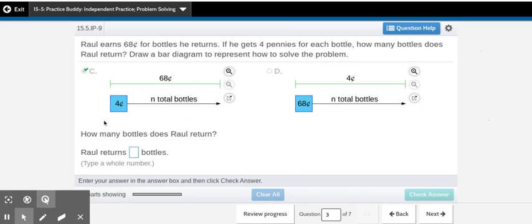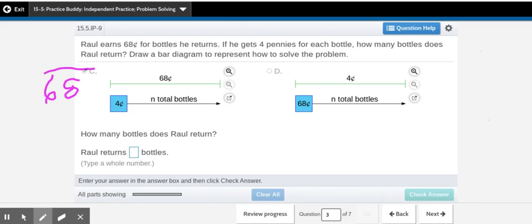Now let's figure out exactly what that number is. They did trick us. I thought we were done and we didn't have to solve it, but we do. However, 68 divided by 4 is not too challenging, so I'm okay with it. So 68 divided by 4. How many times does 4 go into 6? 1 time. So let me get my 1. 1 times 4 is 4. Subtract it out.